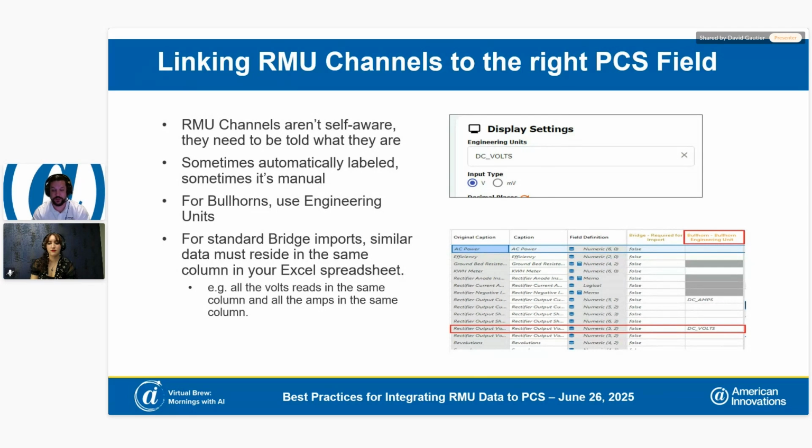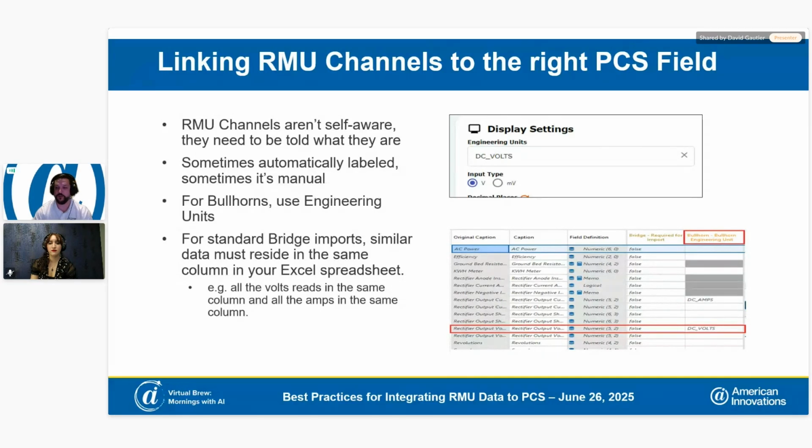And so, there could be cases where channel 1 is volts, channel 2 is amps, or the opposite. Channel 1 is amps, channel 2 is volts. You can also have times where you blow a channel, right? Channel breaks down and you have to switch to channel 3 or channel 4. In any case, PCS needs to understand what kind of measurement data the channel is reporting on.